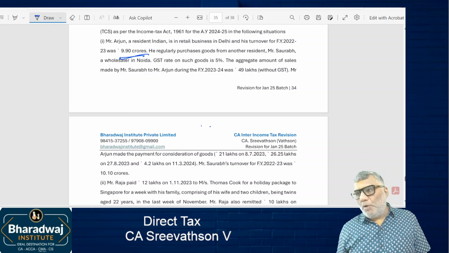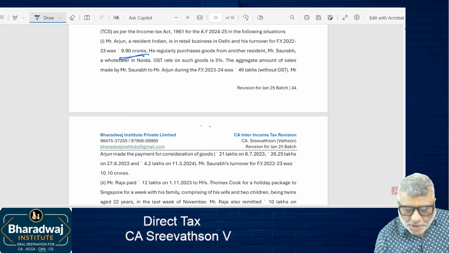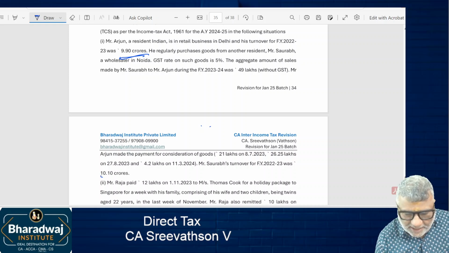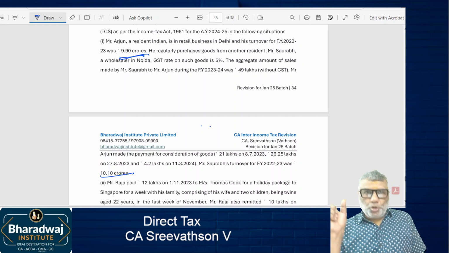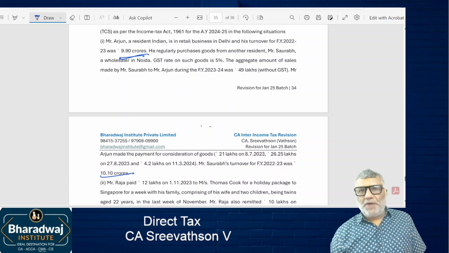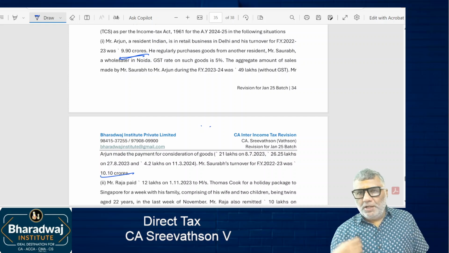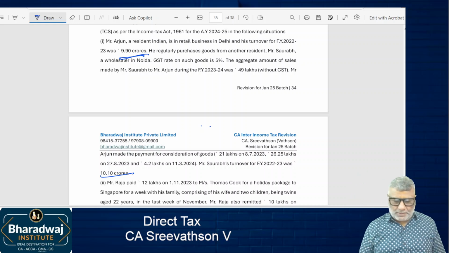For Saurabh, 206C(1H) is applicable because his turnover has exceeded 10 crores, but no TCS because the goods value, that is for GST, no TDS. That's a circular by CBDT. So if I exclude GST and see, it is only 49 lakhs. Please write it and keep it in a short manner.